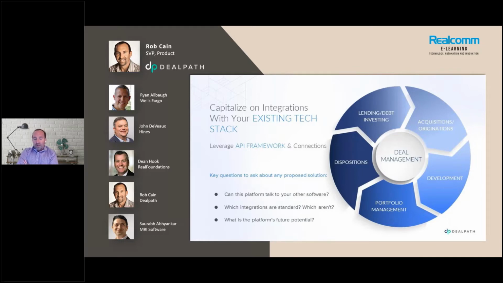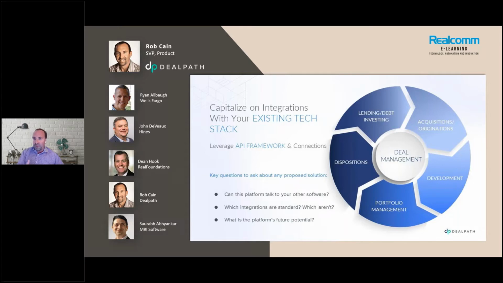We've also recognized, as we worked with a number of larger and very sophisticated real estate companies, big global allocators and investment managers with hundreds of millions and in many cases billions of dollars of assets under management, that this type of application, the type of software Dealpath is, can't just simply live on its own. It has to work with other platforms that are already in use within those organizations.